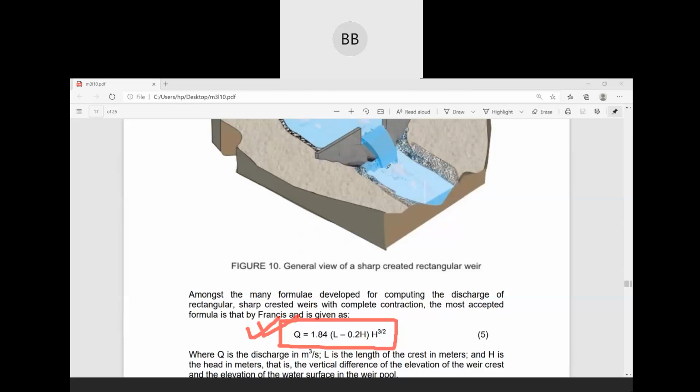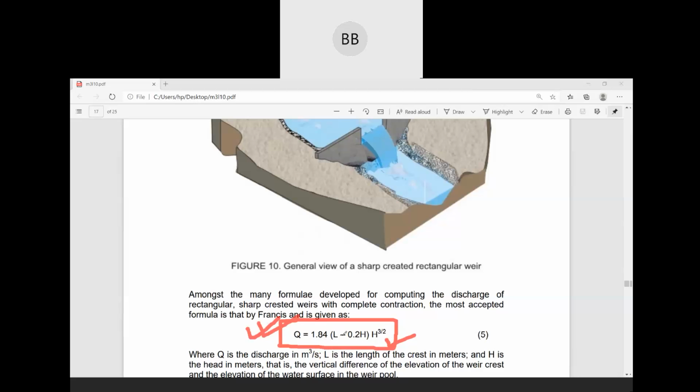Before constructing the weir, it is very difficult to find the discharge through that channel. After constructing the weir, we define the shape of the channel. Before, it was an irregular shape, and now that we have defined the shape, it is easy to find the cross-sectional area as well as the discharge of the channel. So for the sharp crested weir we have one equation which can be used directly to find the discharge.